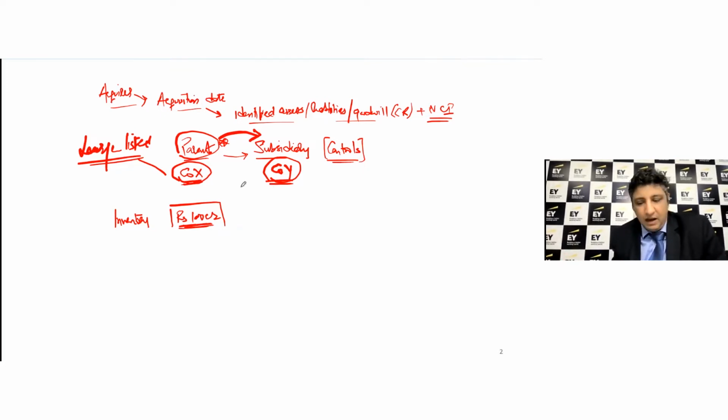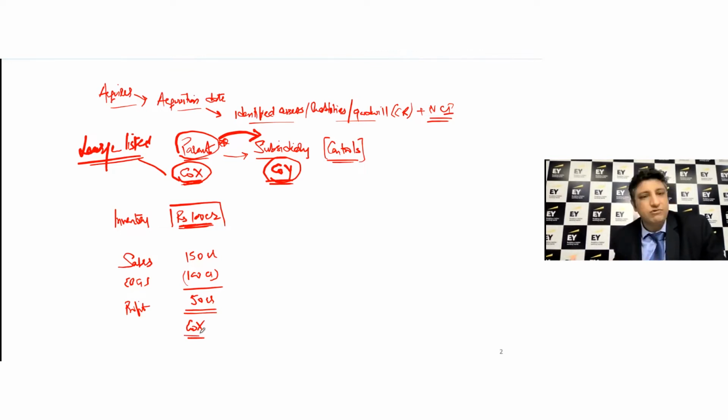Okay. Now, if that transaction takes place, what happens now? Company X, let's say it sells those goods for 150 crores, and that inventory becomes a cost of goods sold of 100 crores, and there comes a profit of 50 crores in the books of company X. Right? It's a very straightforward transaction.